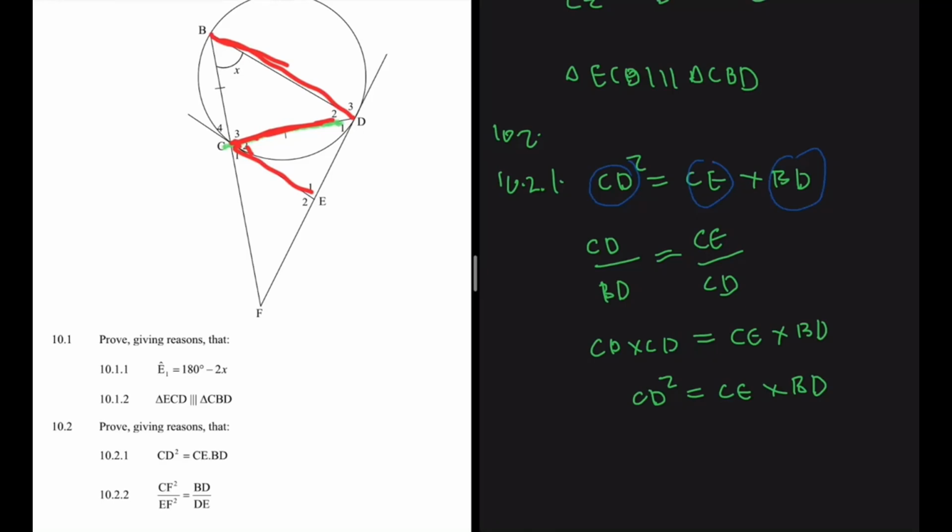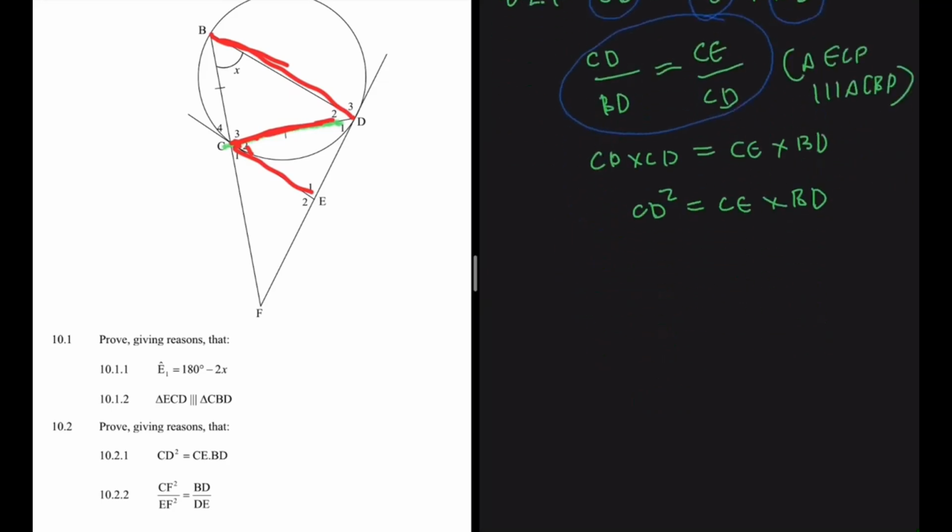10.2.1. So the way you justify what I just wrote here is by stating that triangle ECD is similar to triangle CBD, right? And then let's move to 10.2.2.